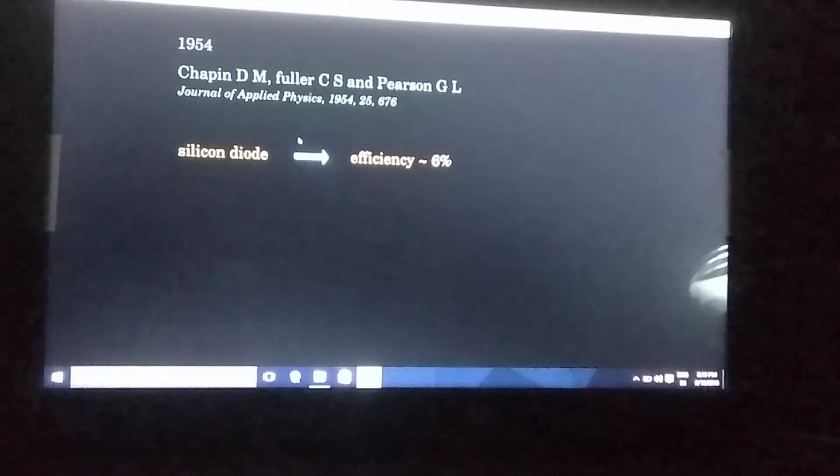So this was brought forth into a commercial product when the first silicon photovoltaic cell with an efficiency of 6% was developed. So this was the beginning of the silicon photovoltaic cell. From then on, there were rapid improvements, and then you had a host of solar cells that have been developed.